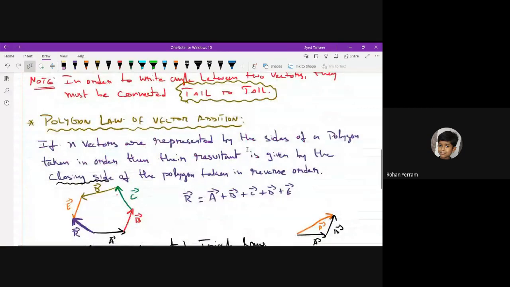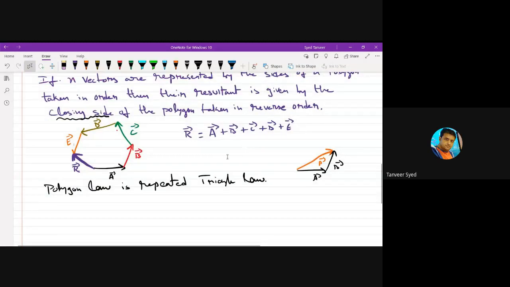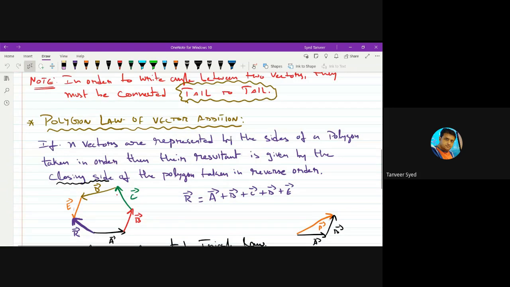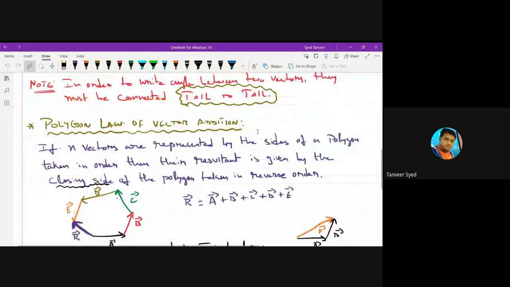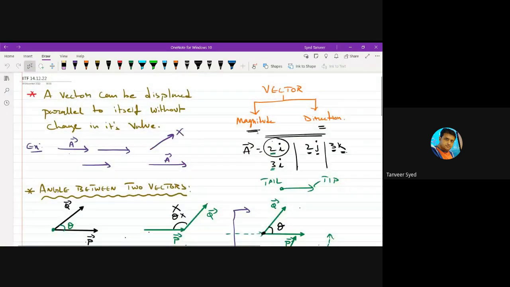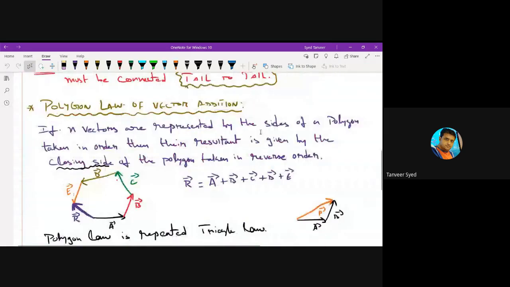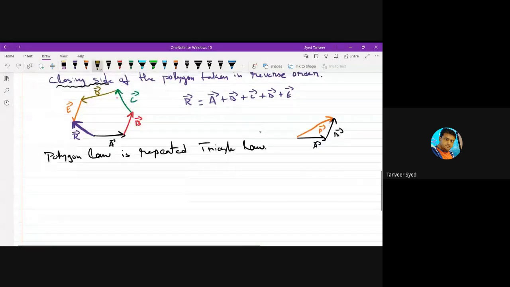It takes time. We will have to derive a small expression for the resultant of that parallelogram. Better we take it up in the next class. For now, these are the two things: triangle law and polygon law. And suppose I give you a question like this.